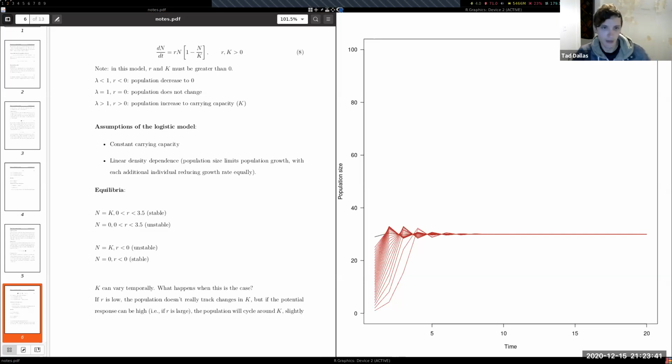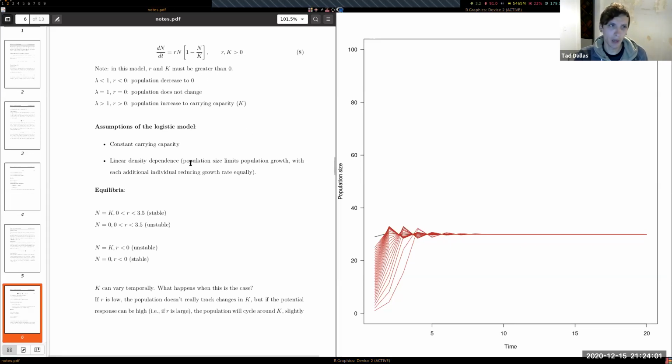We're seeing that if we start with, let's say, 5 individuals, by time step 4, it looks like I've hit the carrying capacity, but I've slightly gone over it. And so now I'm above my carrying capacity.